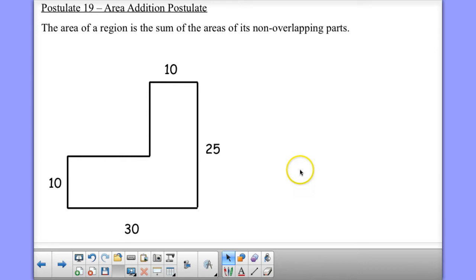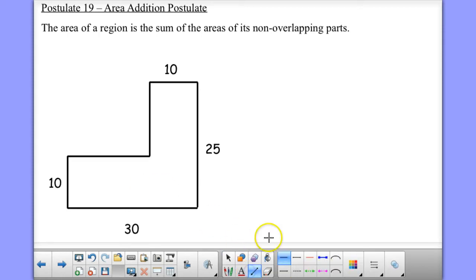We need to use the area addition postulate to help us figure out the area of this L-shaped room. It says that the area of a region is the sum of the areas of its non-overlapping parts. In other words, we're going to take this L shape and split it up into two regions that I can find the areas of.